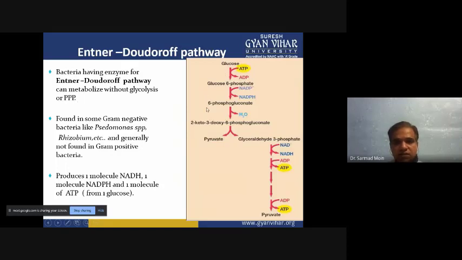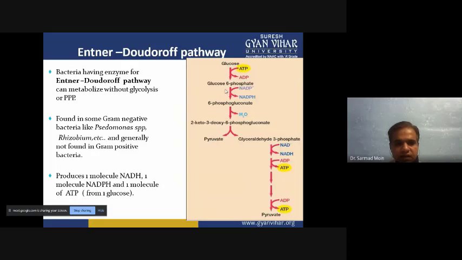So this is the pathway where the initial substrate is glucose and the product is the same, pyruvate, and it happens in some gram negative bacteria like Pseudomonas species and Rhizobium species, and it is not generally found in gram positive bacteria. So only gram negative bacteria do this Entner-Doudoroff pathway.